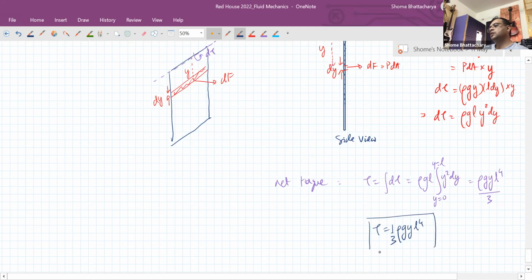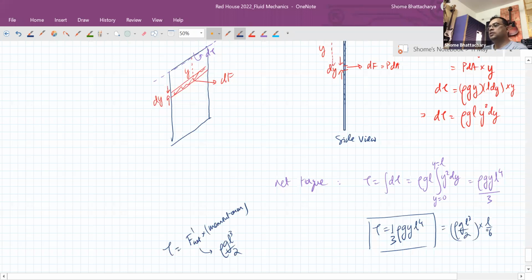In magnitude. Okay. Now you can also see that this torque is like a force into some kind of moment arm, where that net force was rho g L cube by 2. So this is like rho g L cube by 2 into L by 6.